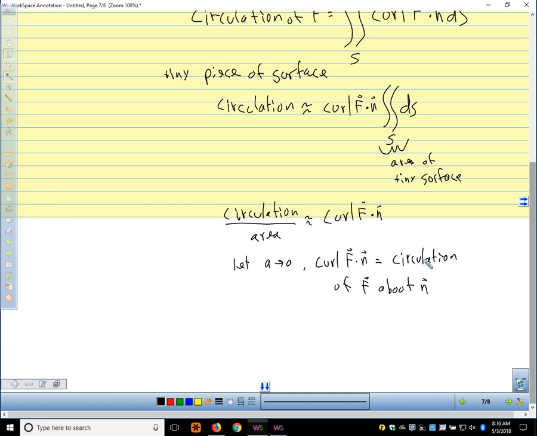So the normal component of the curl, the curl of F dot n, tells us the tendency of the field to cause a rotation about that point.